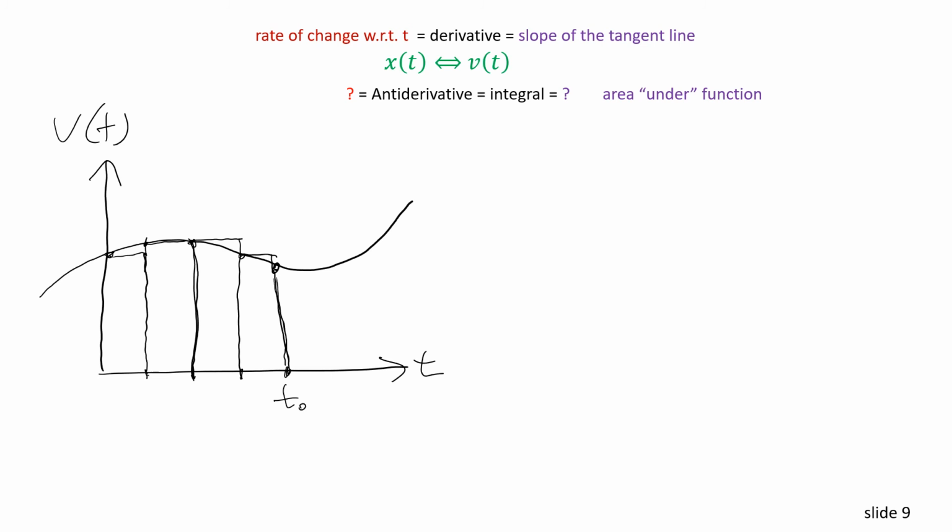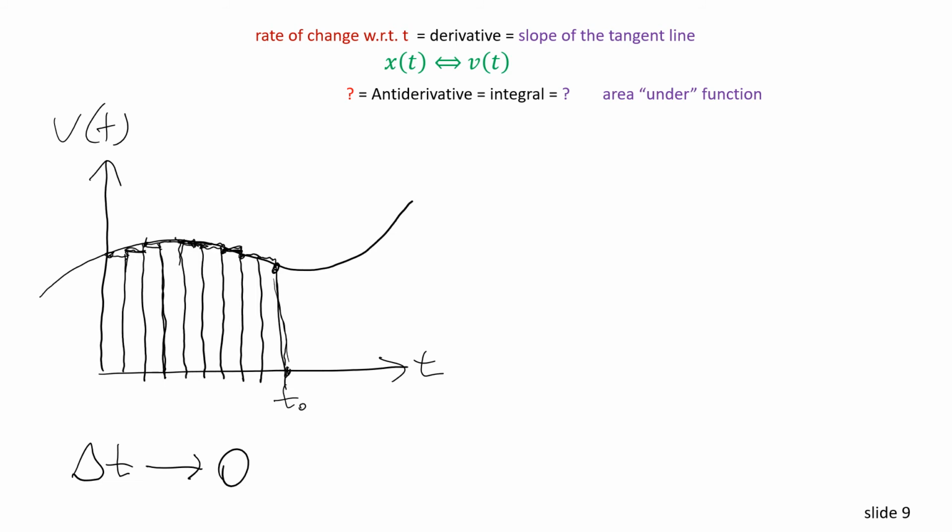And yeah, the width of each of these little rectangles is delta t, and it's going to be the same for all of them. So now what you do next is you let delta t approach 0. You limit delta t to 0.